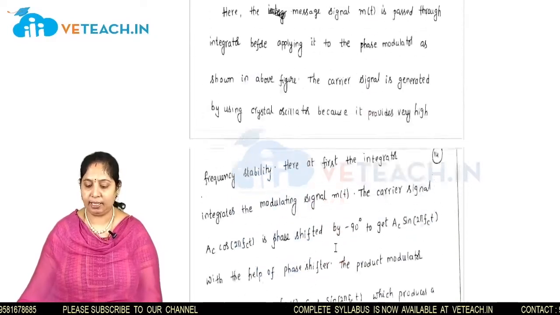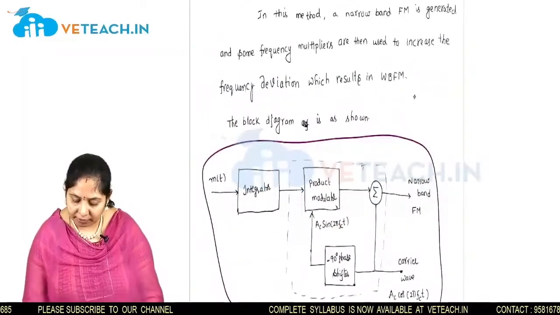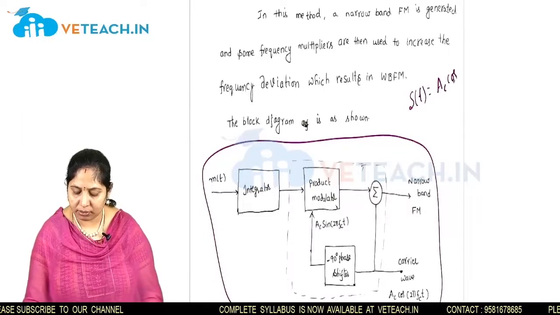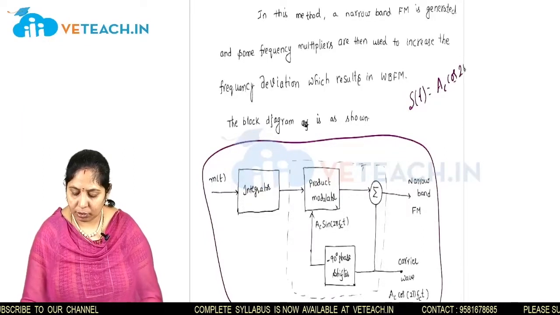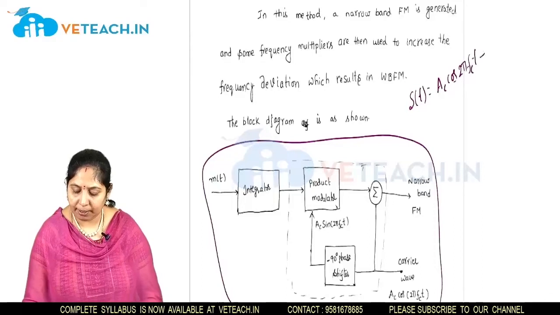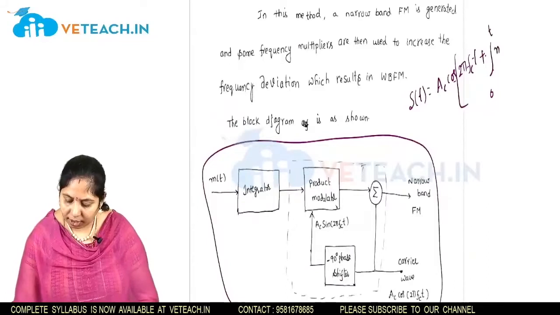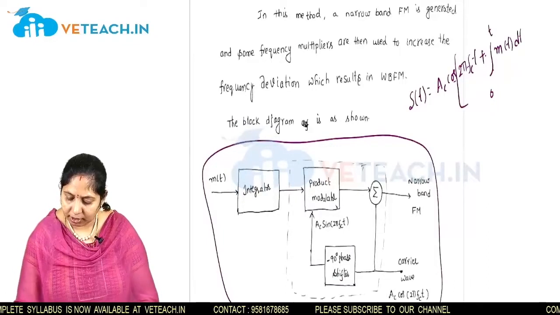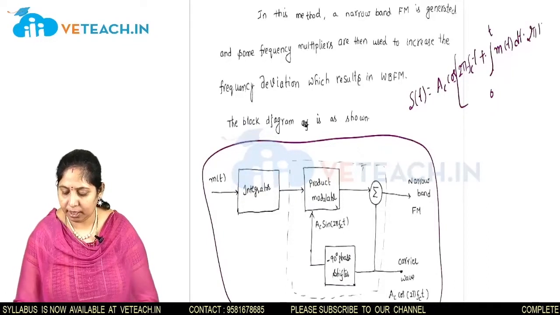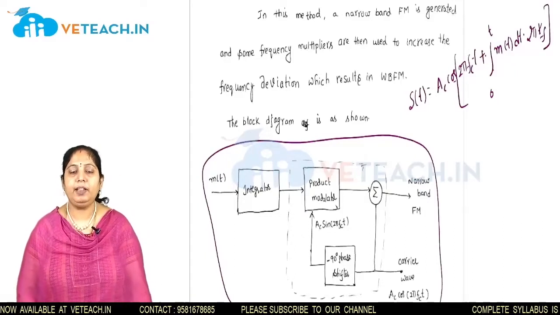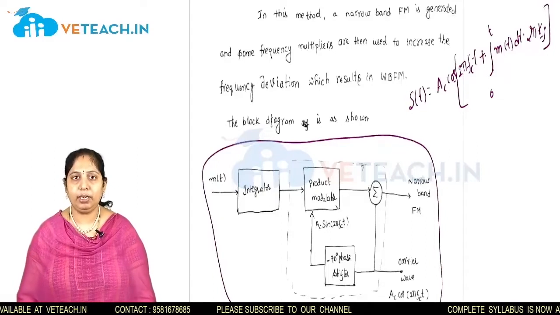This is the frequency modulated signal we are going to generate by means of this Armstrong method, or indirect method.